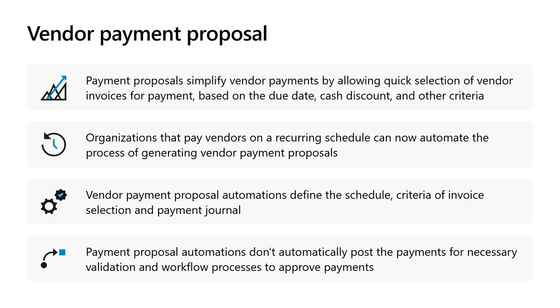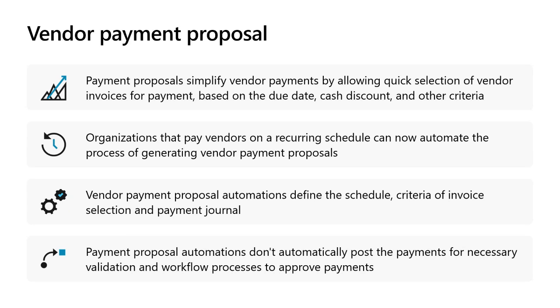Now you won't need to do that. You won't need to create the manual payment journal. You won't need to go and click on generate payment proposal and let the system really do that. You set up the schedule, you define the different criteria, and let the system do that for you.